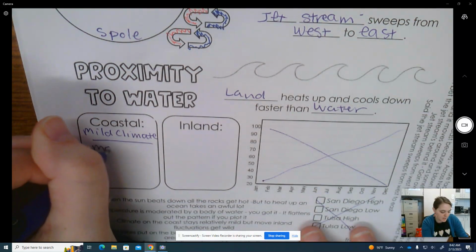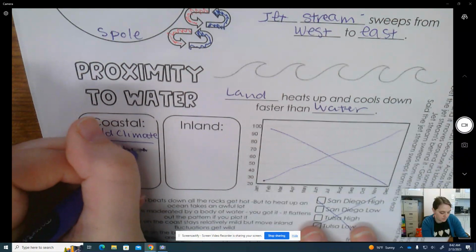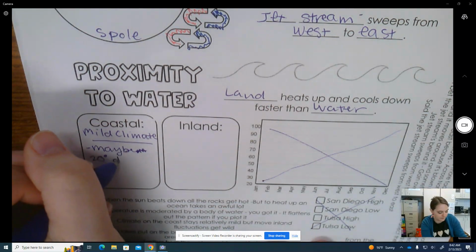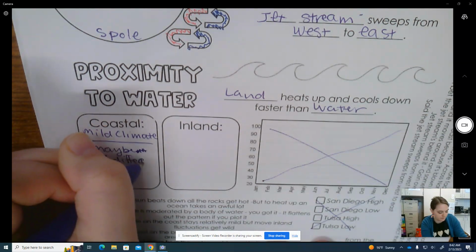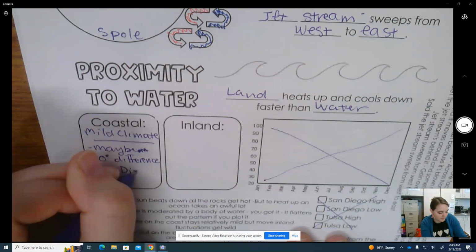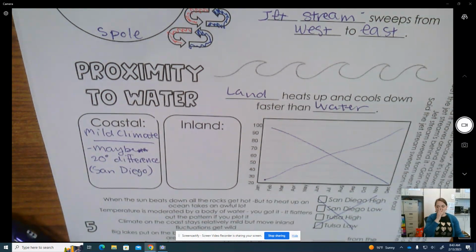That means there's maybe a 20-degree difference. So this is kind of like San Diego. If you go to California, in the winter and the summer months, they're about the same temperature, right near the ocean, because that ocean air kind of keeps the same temperature all year round. It does not heat up and cool down very fast, so it stays kind of in the middle.